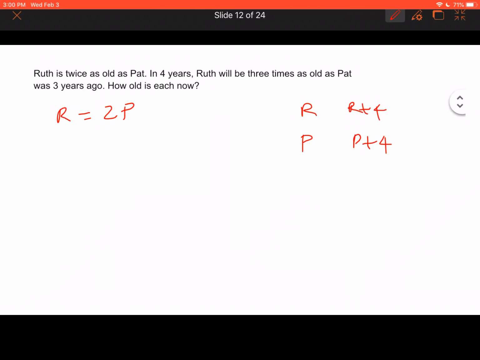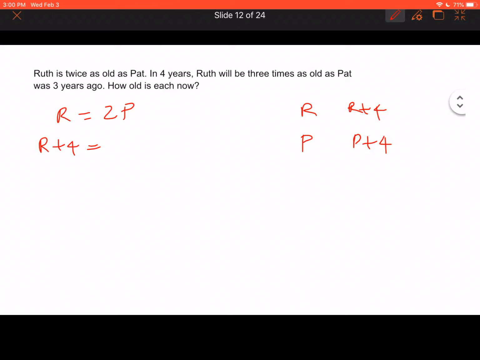Next, Ruth is 3 times as old as Pat was 3 years ago. In 4 years, which is the future, R plus 4 will be 3 times as old as Pat.